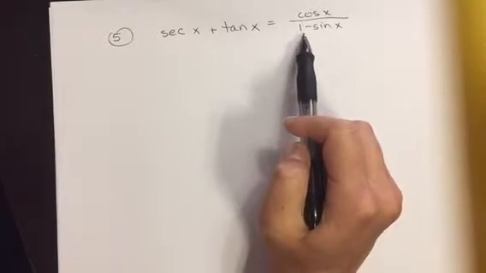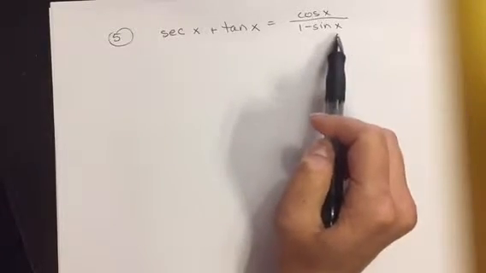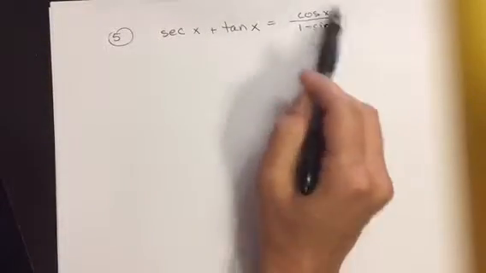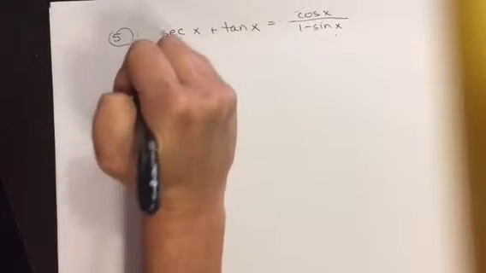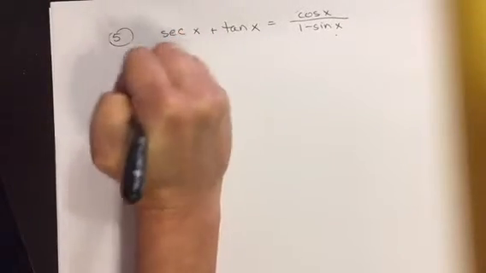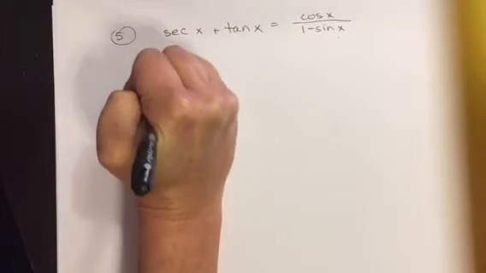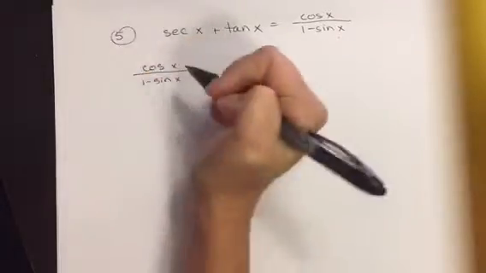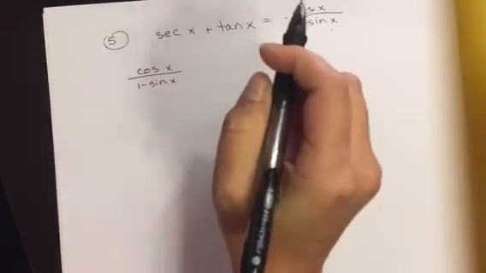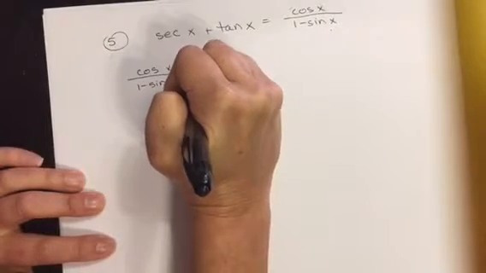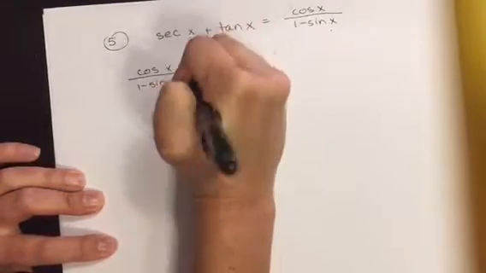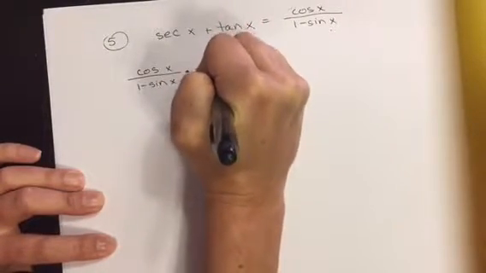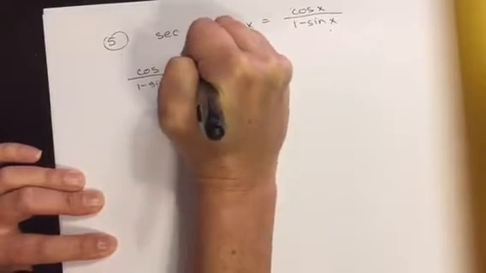So I can make this a difference of squares. So I'm going to take this side only, and I'm going to write it down here. Okay, and to make it a difference of squares, I'm going to multiply the top and bottom by 1 plus sine x.